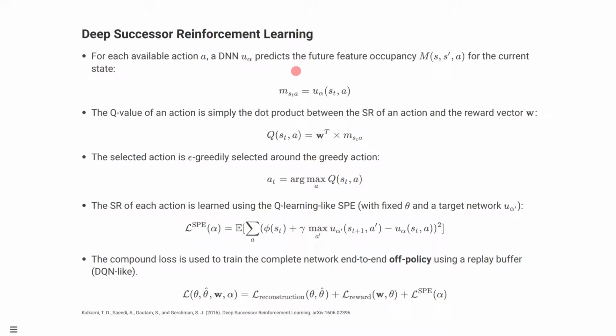So if you're able to learn that, the Q value of an action is easy. It's how much reward each feature brings times how close they are after taking that action. And that's the SR. Just a vector matrix multiplication. So just simply do it. You have your Q value per action. And you don't even need an actor because you're learning Q values. Just pick the one with the highest Q value.